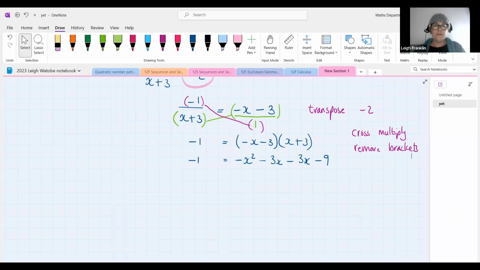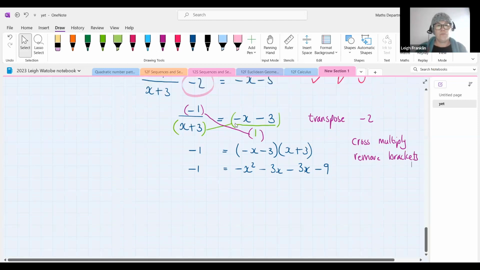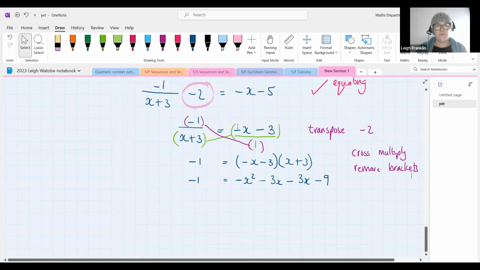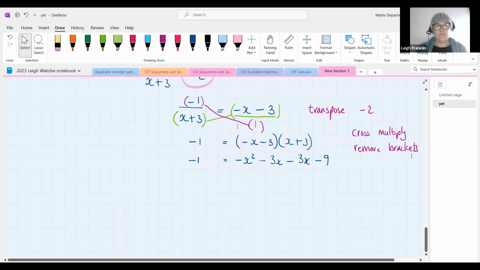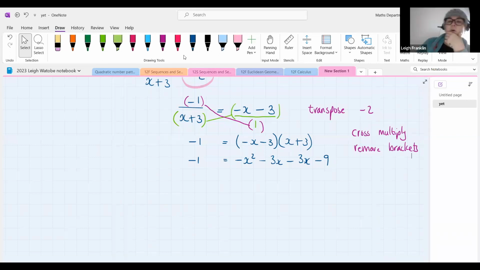After this, what's the best thing for us to do? What should we do after this? After I've transposed the minus 2, cross multiplied and removed my brackets, the same old story.